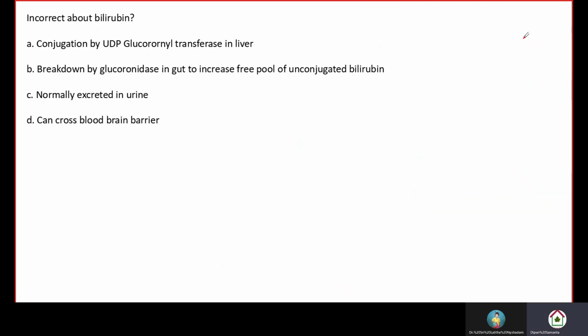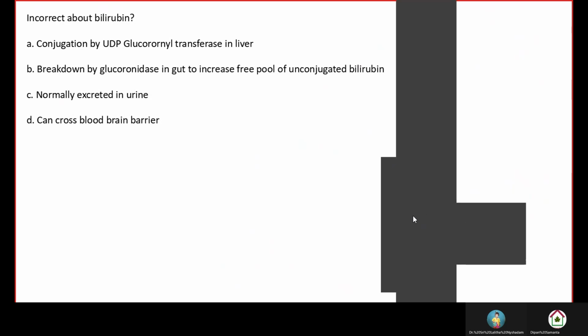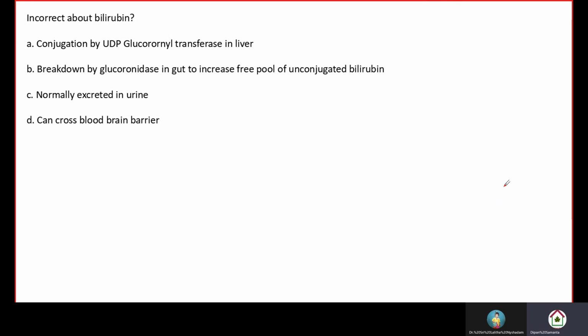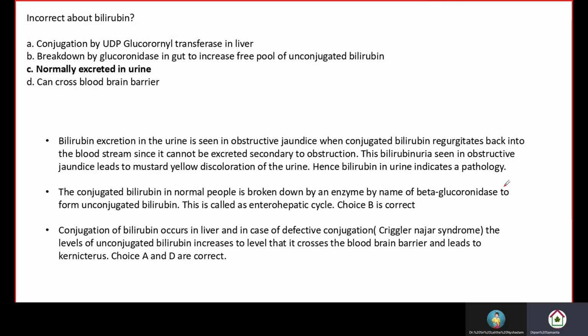Okay, next, incorrect about bilirubin: conjugation by UDP glucuronyl transferase in liver, breakdown by glucuronidase in gut to increase free pool of unconjugated bilirubin, normally excreted in urine, can cause crossing of the BBB, blood-brain barrier. So the answer is normally excreted in urine.